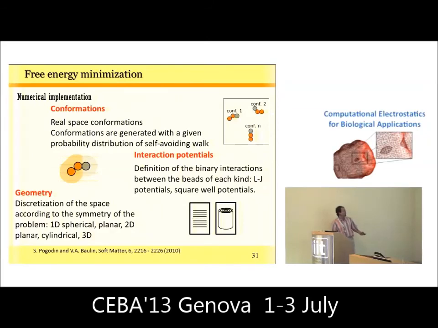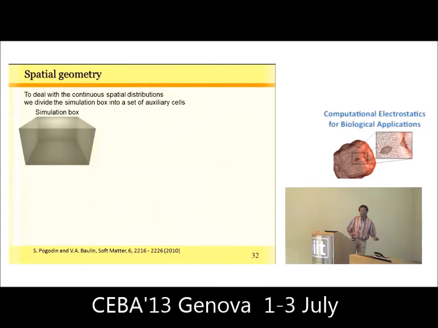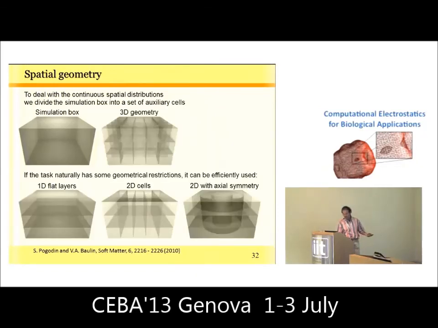And another one defines the geometry, how to split the space into a grid. Here you may have a 1D spherical geometry. If you have a symmetry, for example radial or cylindrical symmetry, it simplifies and speeds up the calculations a lot, because you don't need to divide into shells. You can use this symmetry. And the geometry can be just anything you want.